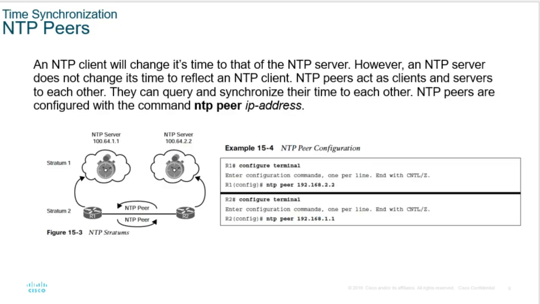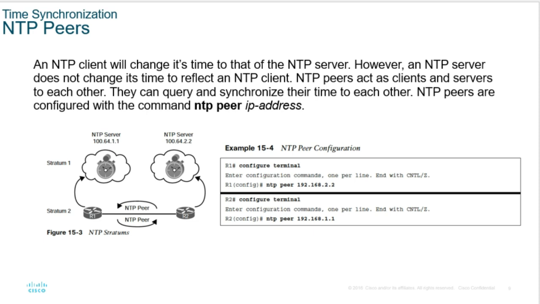Here we look at the difference between a client, a server and a peer. When there is an NTP server and it has a client, the NTP client synchronizes its local clock to that of the NTP server. But the NTP server will never synchronize its own clock to an NTP client.